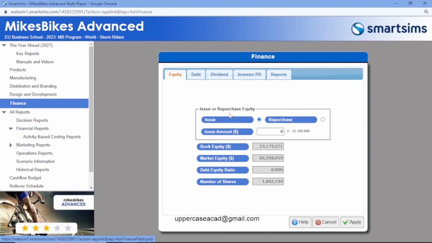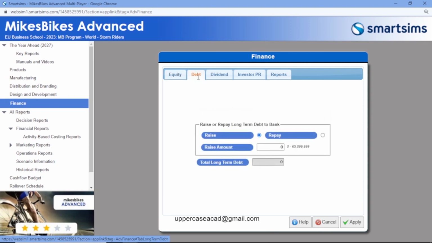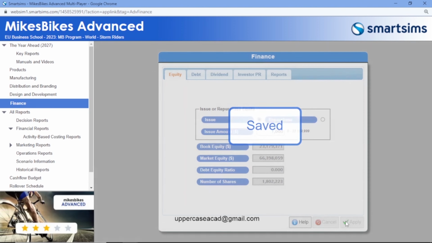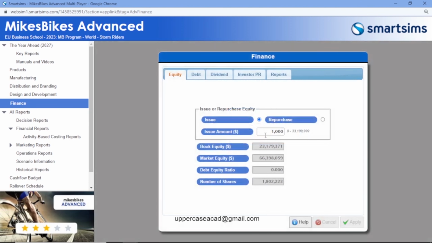You can either issue shares or increase the long-term debt. In terms of issuing shares, you can issue the amount you want. So let's say I want to issue 1,000 shares, then I'll click apply. You can see that it has saved. So I've issued 1,000 shares and I'm raising capital.